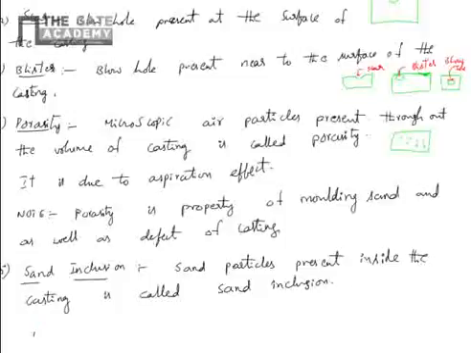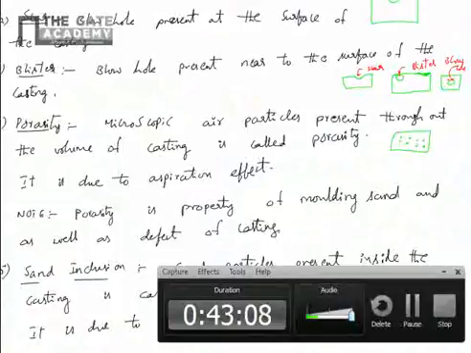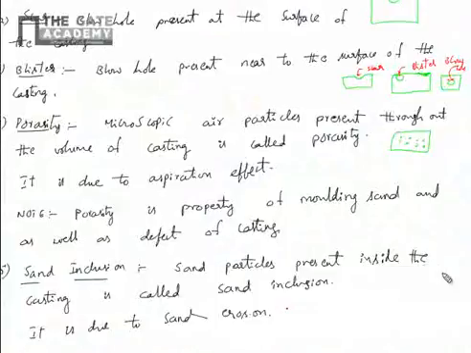Sand inclusion happens due to sand erosion. Erosion takes place when you are using a large casting gating system and the flow of molten metal in the sprue is turbulent instead of laminar. These are a few things you need to consider while designing the sprue or runner.